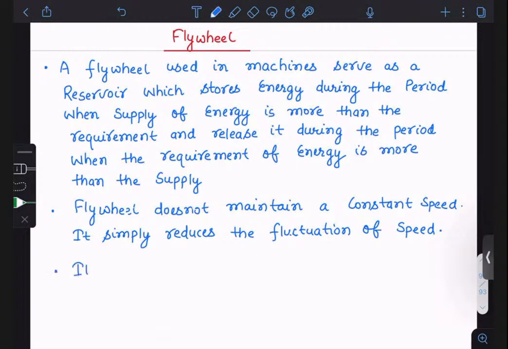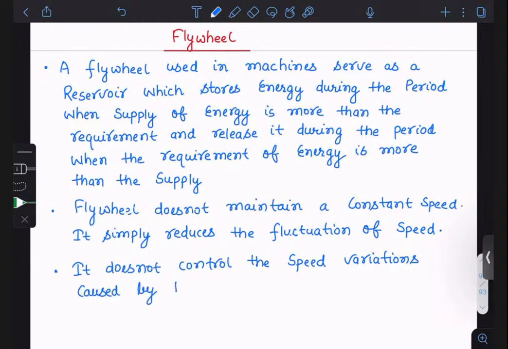It does not control the speed variations caused by the varying load. Right? It does not control the speed variations caused by the varying load.